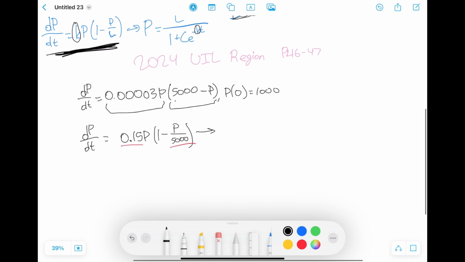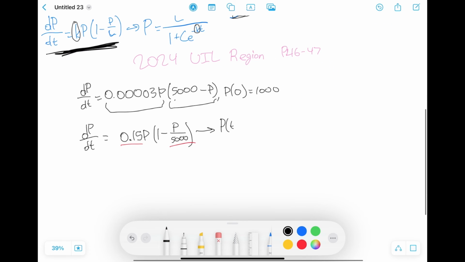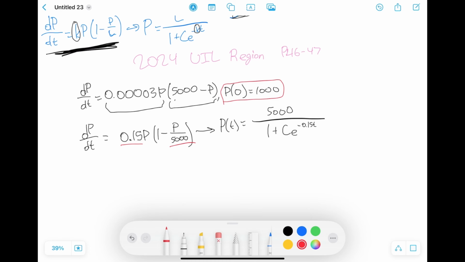So if we solve this, we get p of t is equal to 5,000 over 1 plus c e to the negative 0.15 t. Now, to figure out what the c value is, we note p of 0 equals 1,000, right?